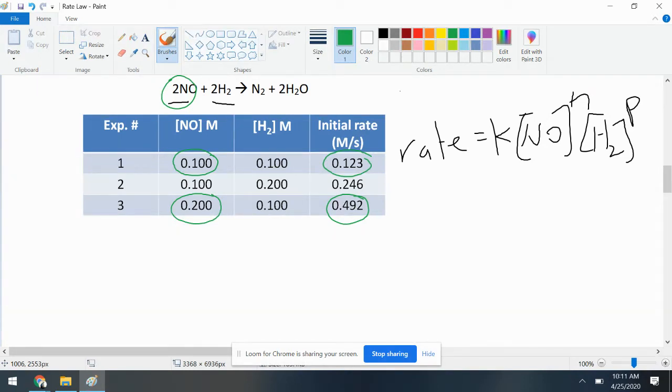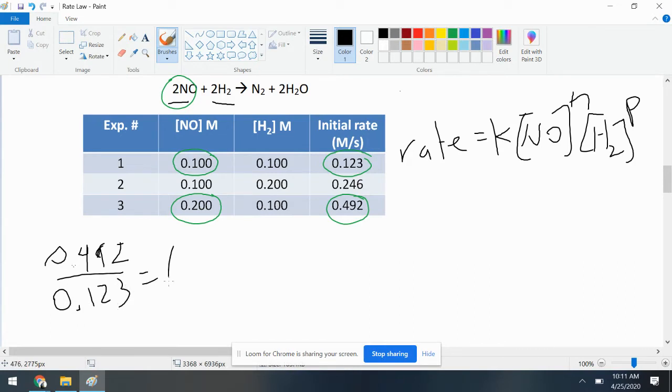Okay, so I'm going to show my work using ratios. So which means the left side, the rate, again, this is going to be for NO, 0.492 over 0.123.